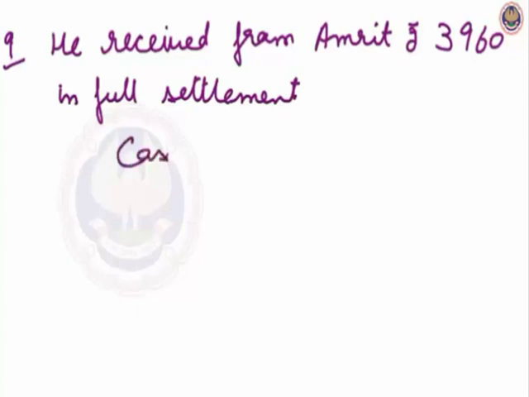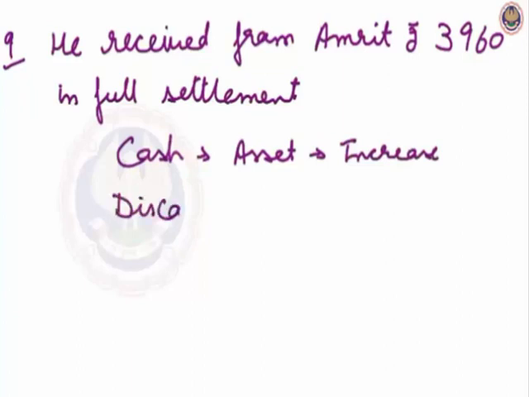So we are receiving, and the accounts involved are cash. Cash is an asset, and there is an increase in the asset. Then there is a discount because instead of 4000 we are receiving 3960. So there is a discount of rupees 40. Discount is an expense. Expense also has an increase.